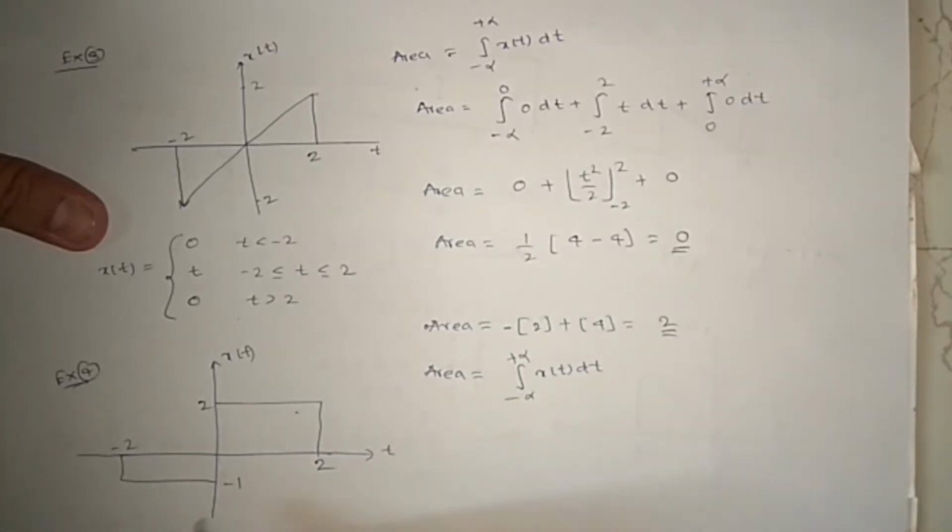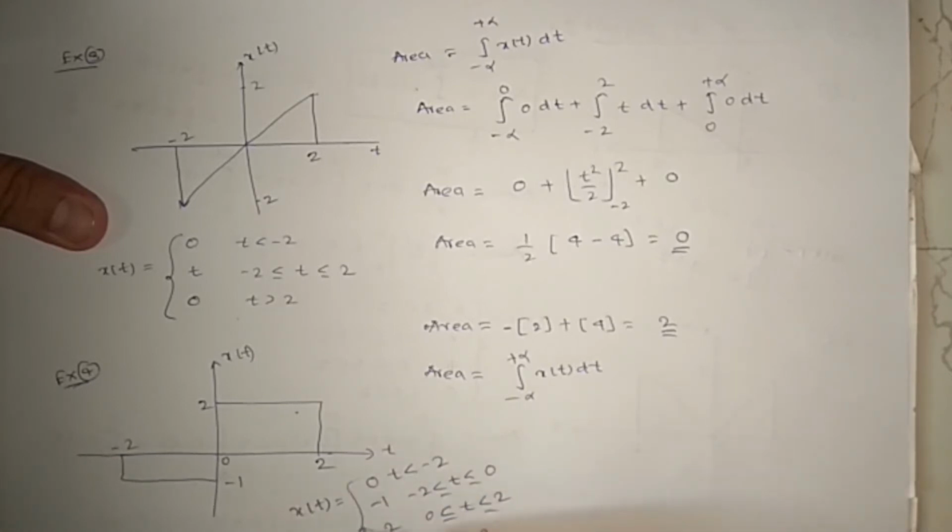So here, what x of t signal do we have? x of t is 0 for t less than minus 2, minus 1 for minus 2 less than t less than 0, 2 for 0 less than t less than 2, and 0 for t greater than 2.